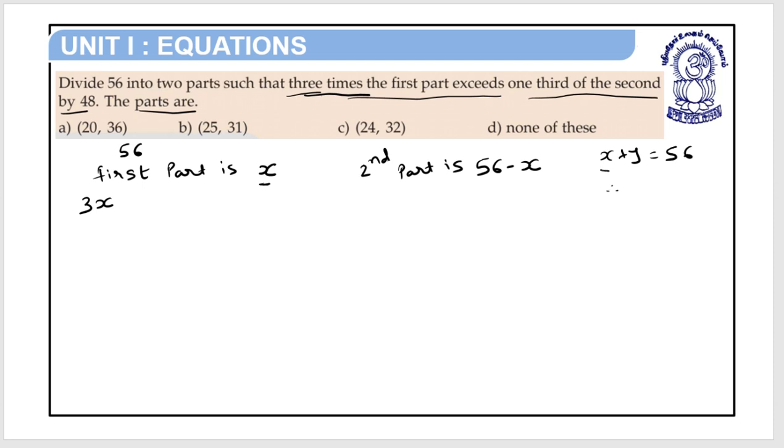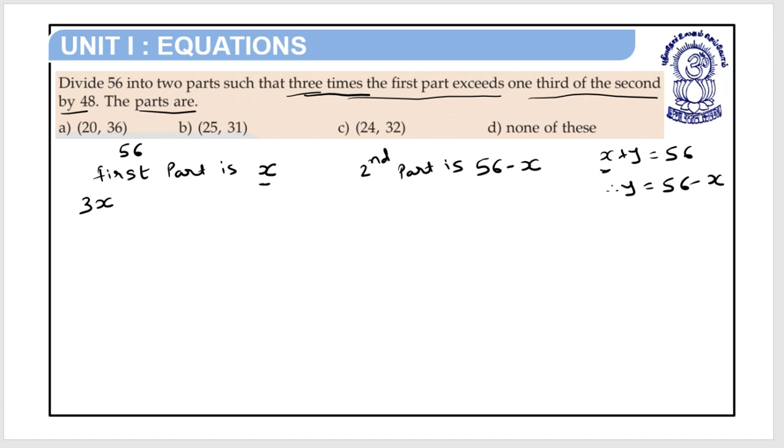So one part is x, so y is equal to 56 minus x. Here, divide 56 into 2 parts such that 3 times the first part exceeds 1/3 of the second by 48.